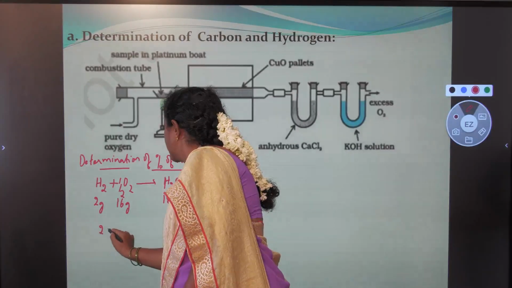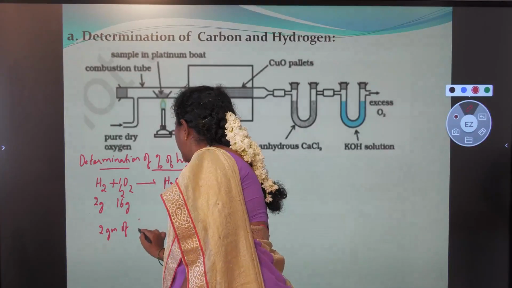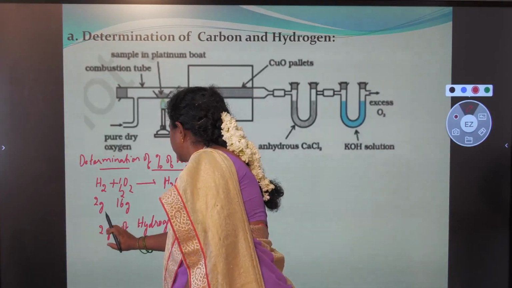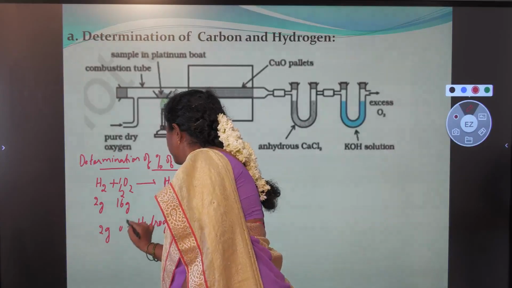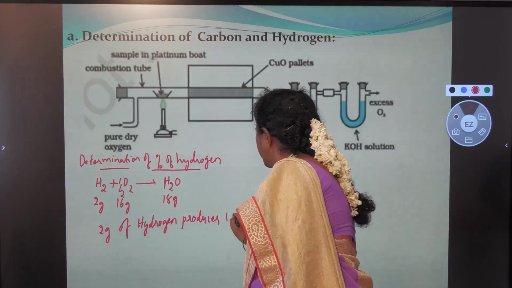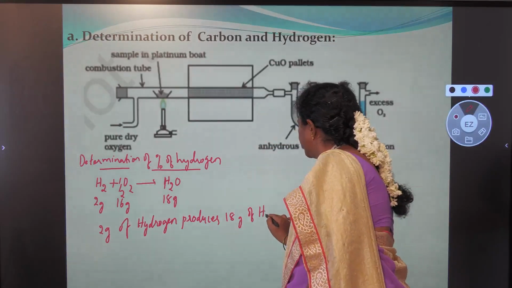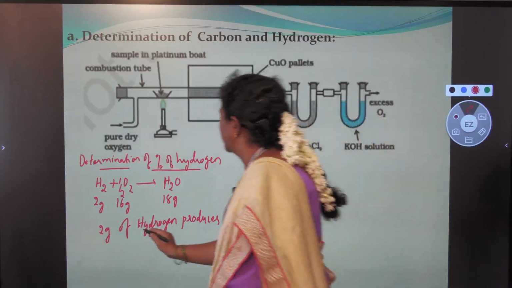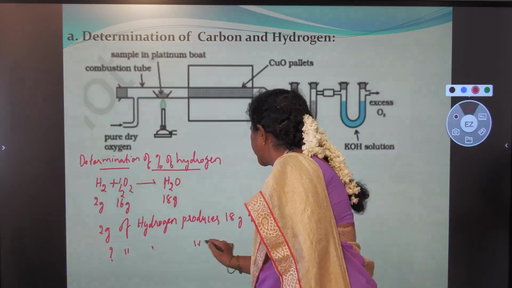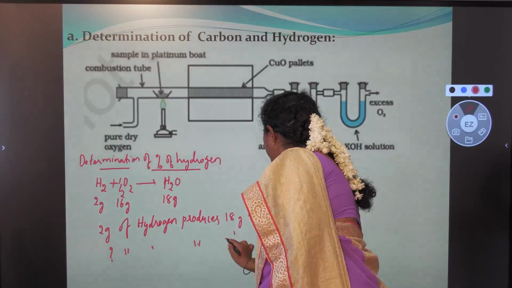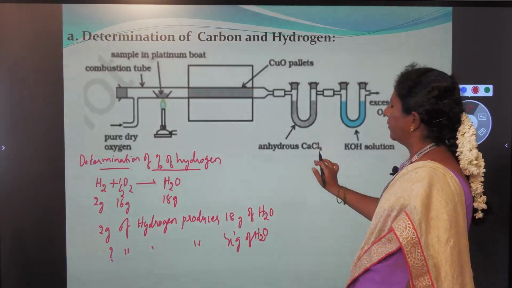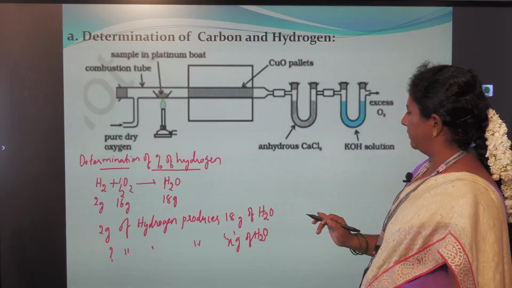So now 2 grams of hydrogen produces 18 grams of water. Then how many grams of hydrogen produces x grams of water. This x gram is nothing but what? Increase in weight of the CaCl2 bulb.